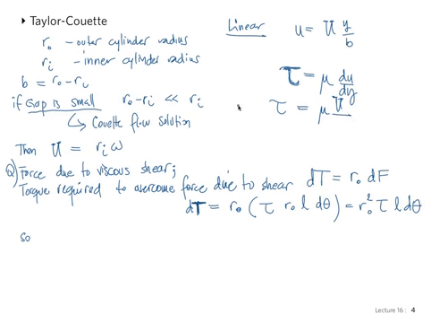Capital U is the velocity of the top plate for the infinite plates, but we can use our expression for the rotating case. b is related to the radius, so all of this can be written in terms of the cylindrical geometry, where capital U is R_I omega, and b, the distance between the two plates, is R_O for the outer cylinder minus R_I. We need to integrate between 0 and 2 pi to obtain the total force around this whole cylinder.